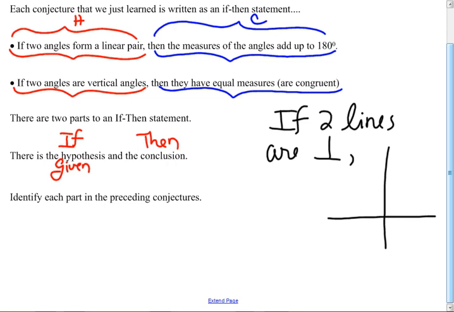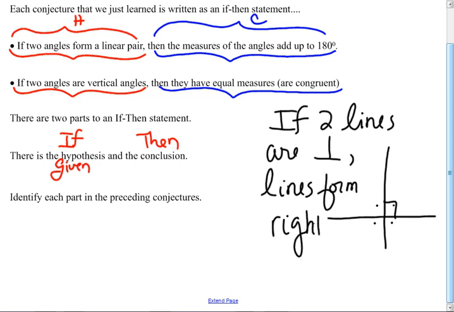What's true about these angles here? They're all right. Then the lines form right angles. I want to write it out. So if I know lines are perpendicular, then I know I'm going to have right angles.